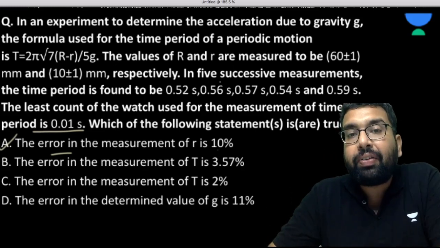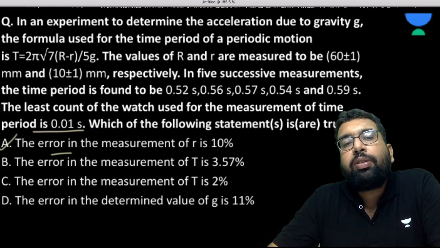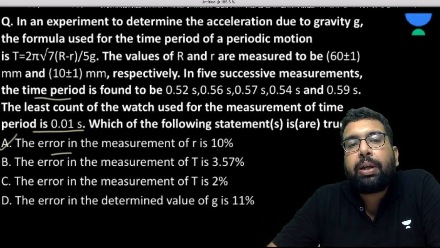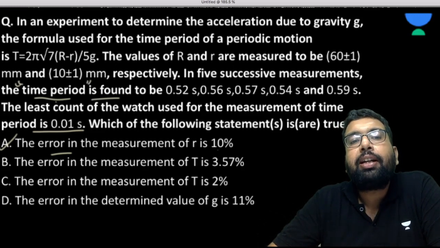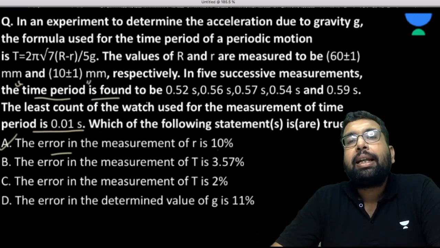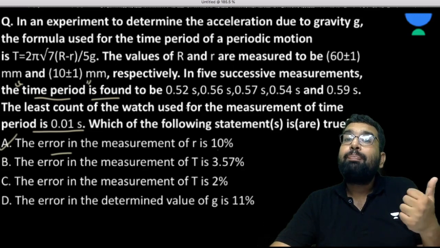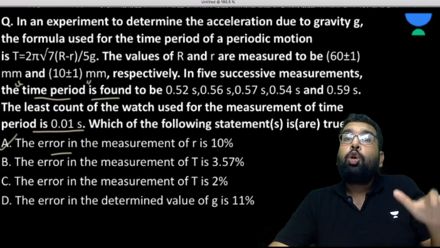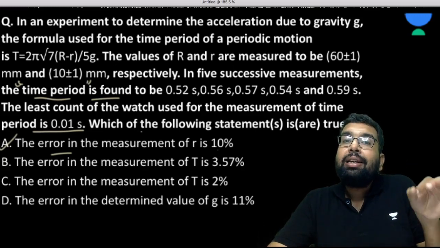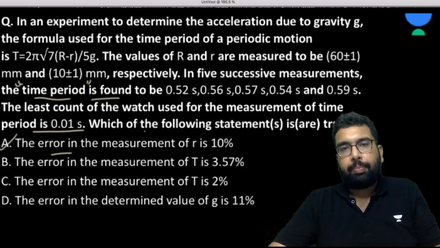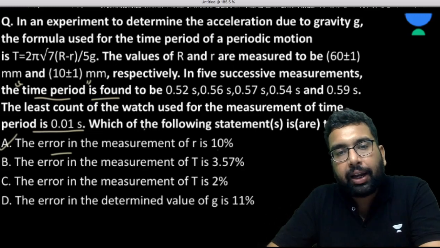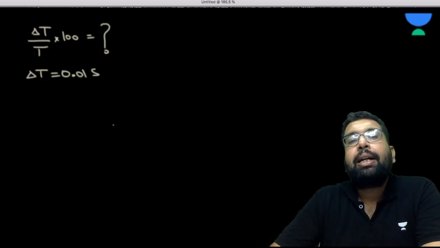It is clearly written that in 5 successive measurements the time period is found to be, so we are measuring the time period. Whatever we are measuring, the least count is the maximum error in that measurement. So basically it is capital delta T.